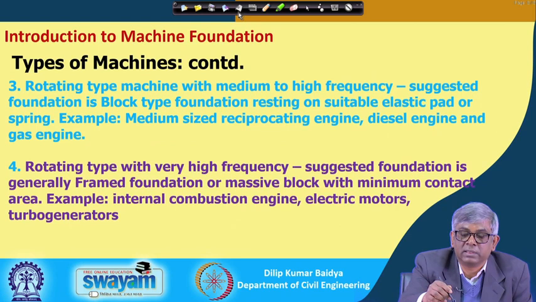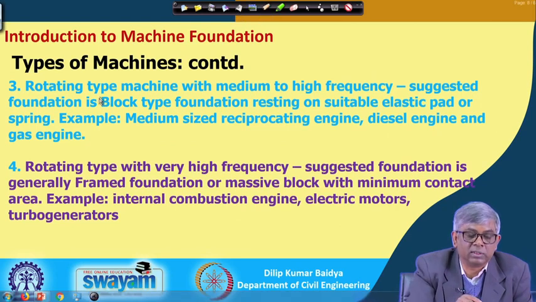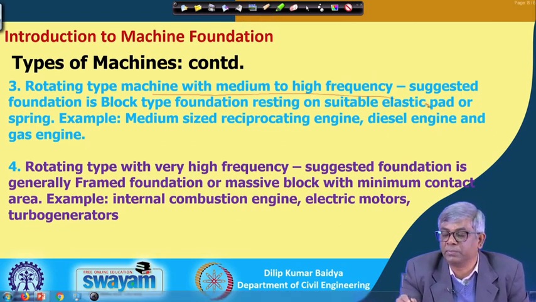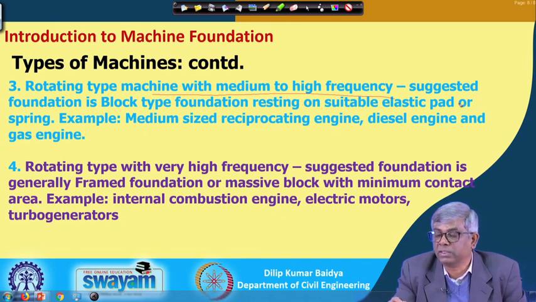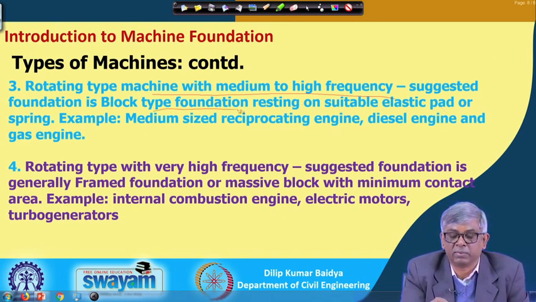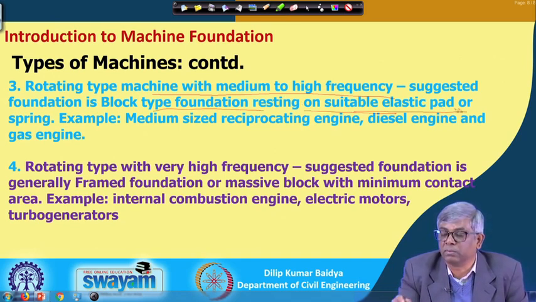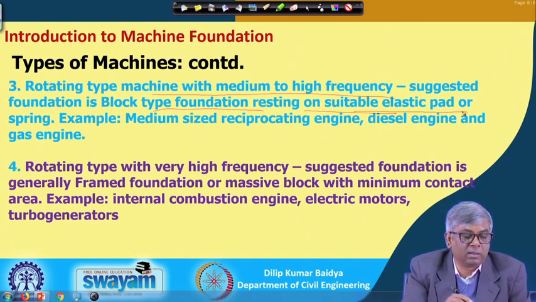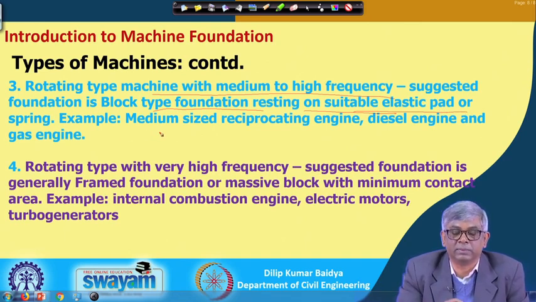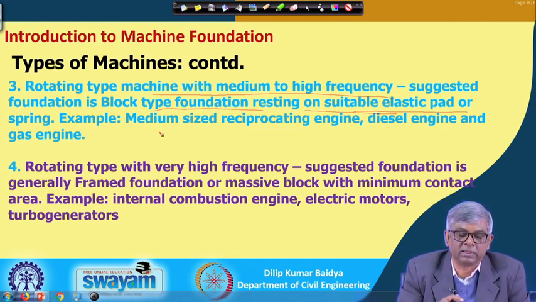And then next one is again the rotating type machine with medium to high frequency. In that, the suggested foundation is a block type foundation resting on suitable pad or spring. That means if there is a high frequency machine, then there is a chance of large vibration amplitude.